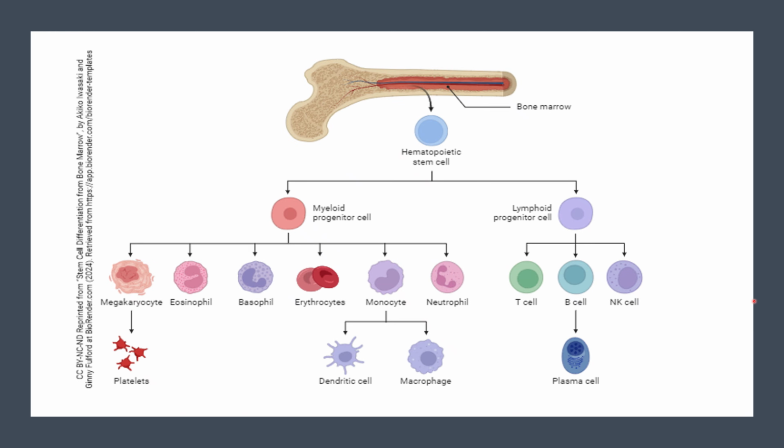So bone marrow, this hematopoietic tissue, they call it also bone marrow, is located within the long and flat bones, and it's responsible for hematopoiesis, the formation of all blood cells.